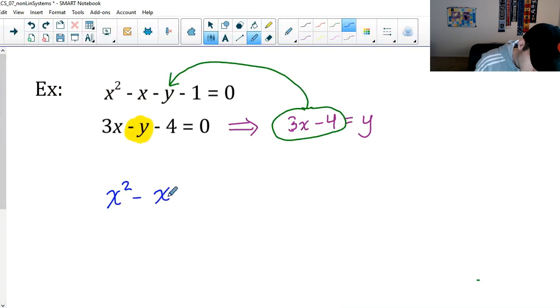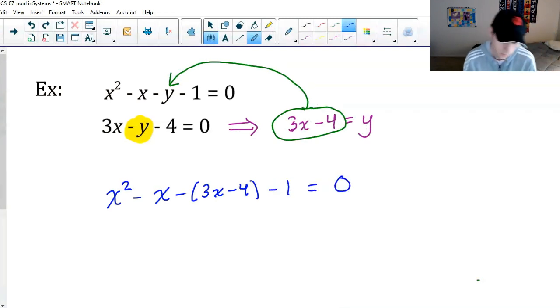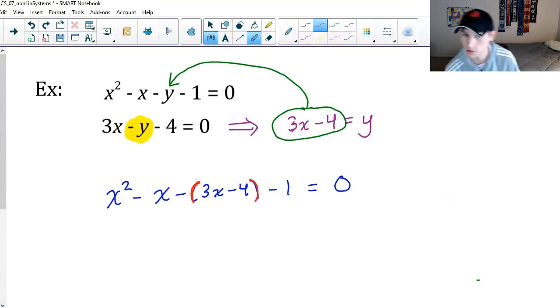So let me do that. X squared minus x minus (3x minus 4) minus 1 equals 0. Super important: make sure when you substitute that equation in that you put those parentheses around the 3x minus 4, because whatever the original coefficient was, in this case just negative, will get distributed.